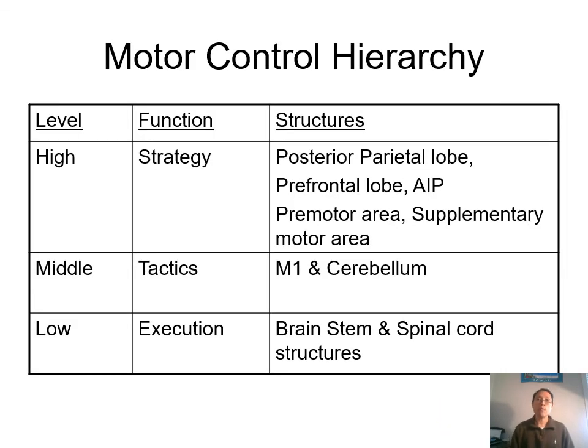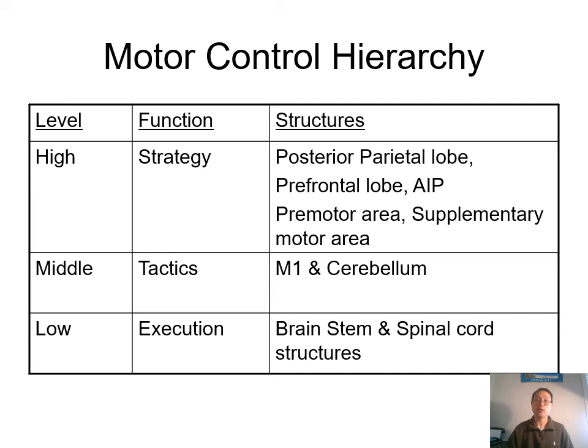Okay, so this is the motor control hierarchy. The way that you think about the motor system is that there are several levels of planning. In terms of function, the high level of planning is the one involved with strategy, so there is a lot of thinking involved.